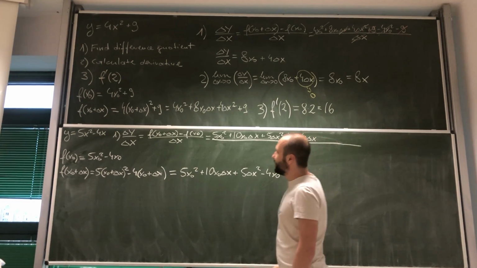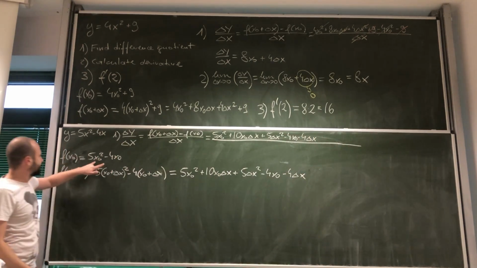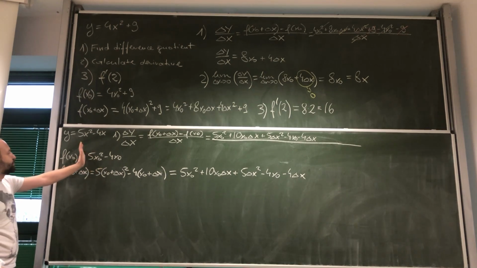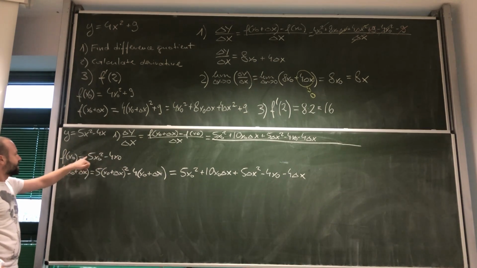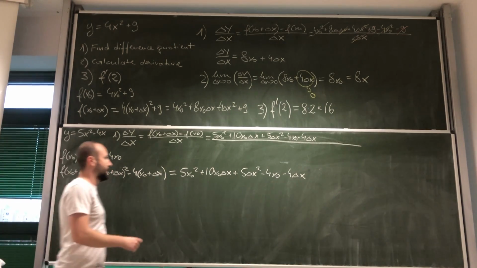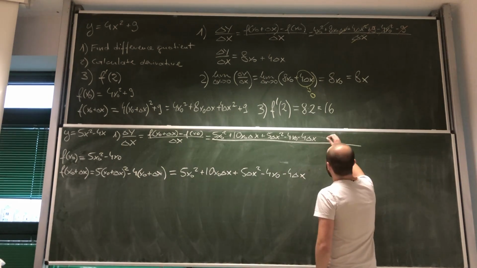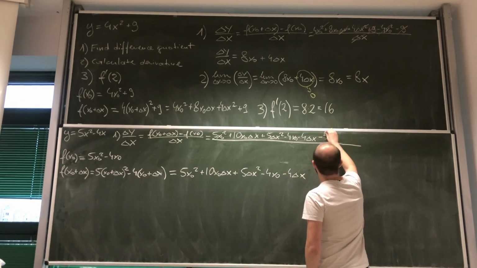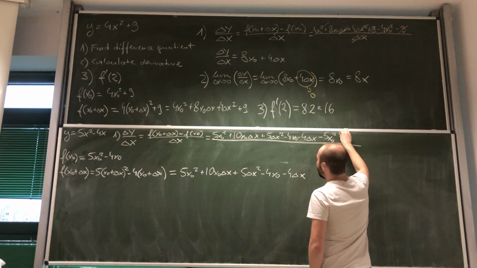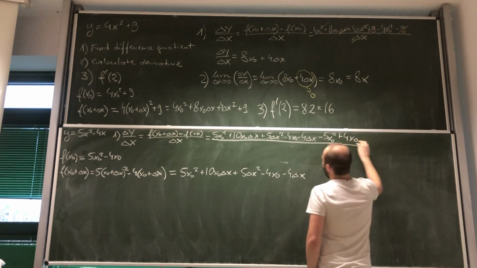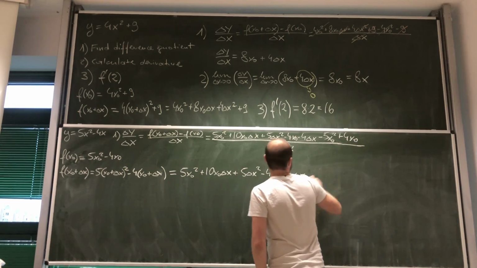And now we need to subtract this expression. So remember, we put minus in front of the entire expression. So here we will have minus, here we will have plus. So minus 5x0 squared plus 4x0, all divided by delta x.